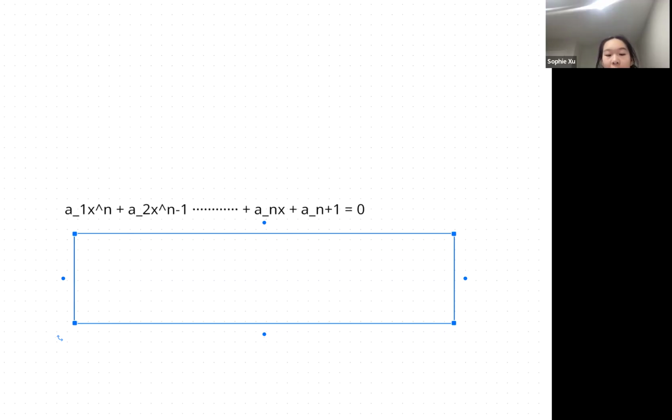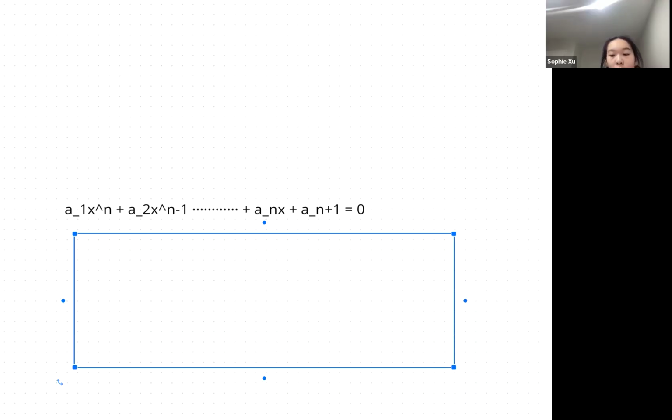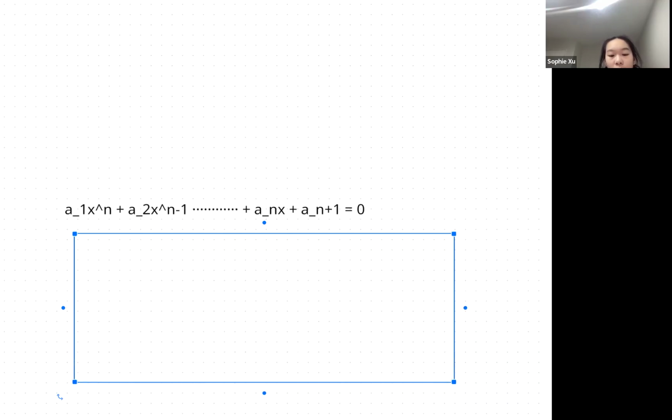So this one must be a5 over a1. And then this continues all the way to the product of all the roots, which is x1, x2, x3, all the way to xn.